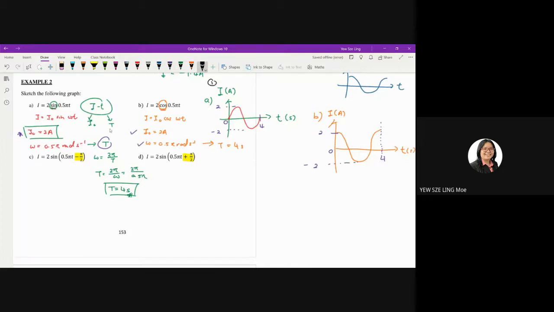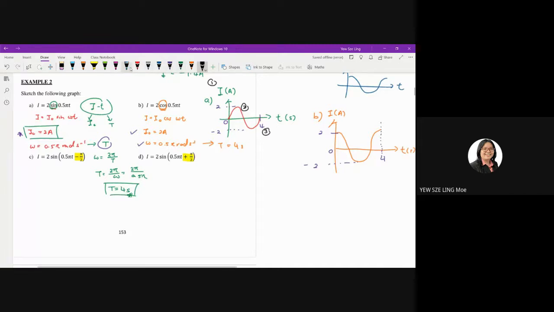The second step, you look at the shape of the graph. The third step is the label. From the axis, you sketch the shape, and lastly you label the information that you obtained from the equation given.